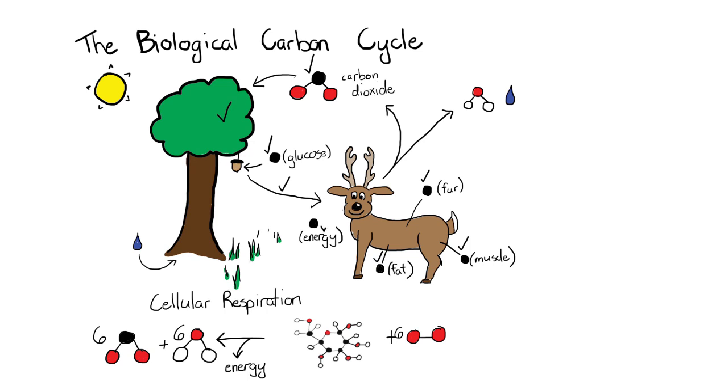It also gets energy by breaking down that carbon-containing glucose molecule through the process of cellular respiration. It then breathes out that carbon dioxide, which is released back into the atmosphere to start this giant cycle all over again. This is the biological carbon cycle.